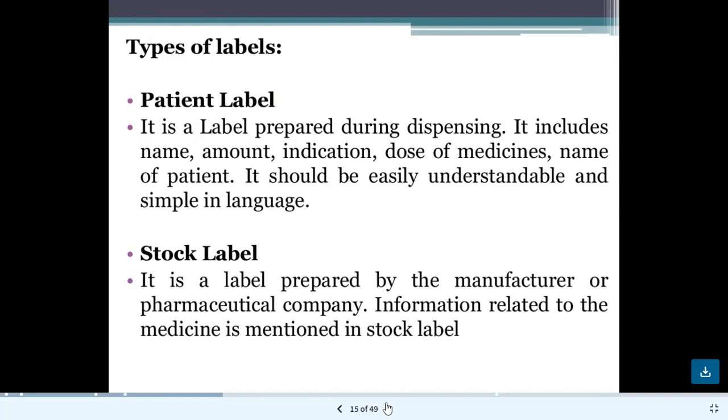It should be easily understandable and simple in language. Stock label. It is a label prepared by the manufacturer or pharmaceutical company. Information related to the medicine is mentioned in stock label.